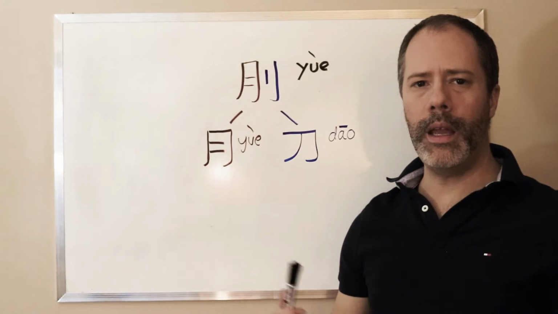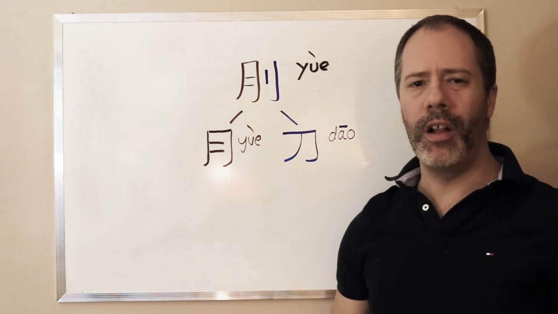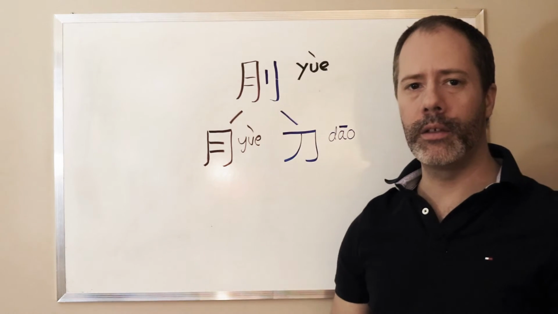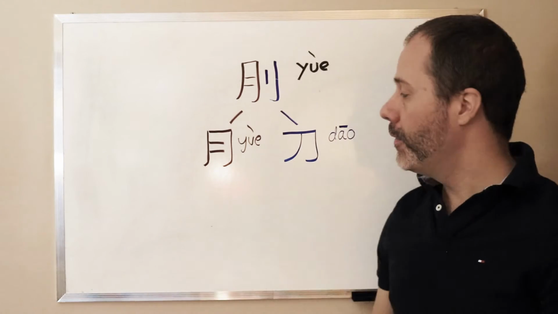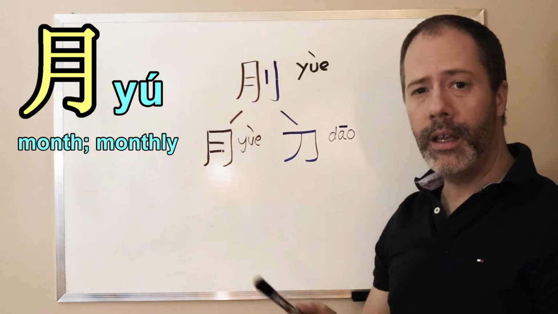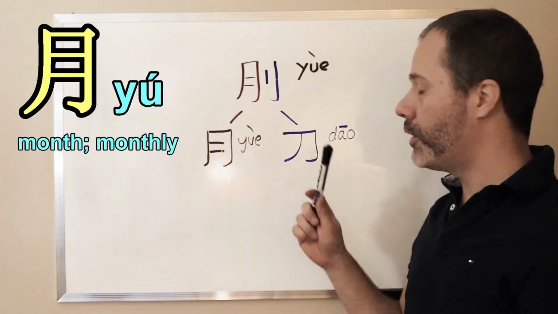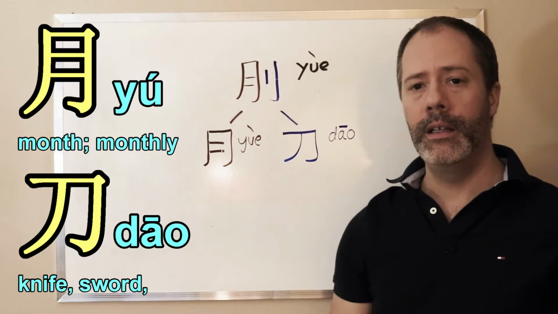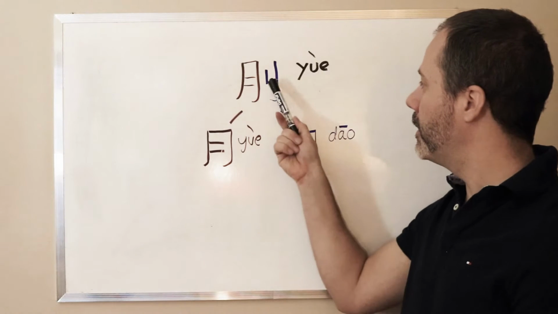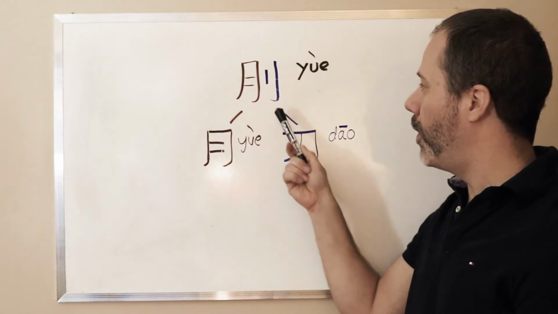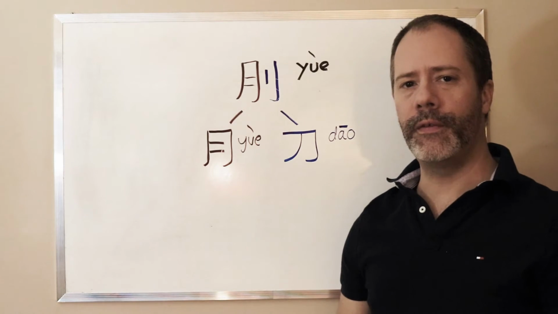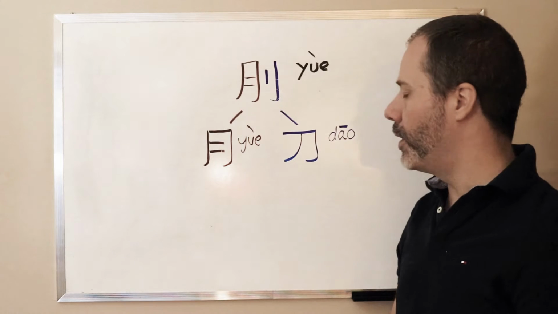First of all, it's interesting to decompose yue into the two sub-characters it is made of: the character moon, which gives the sound yue, even the tone, and the character dao, which means knife. It's worth mentioning that this is the simplified form of that one, where you want to have something sharp in your character, so you put the character for knife there.